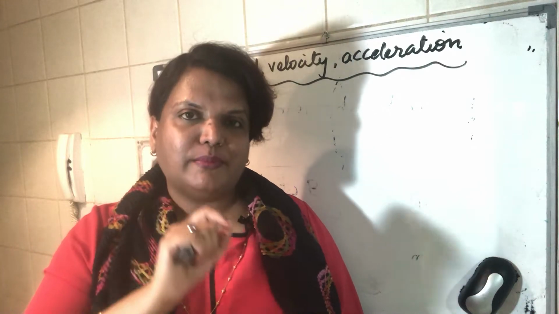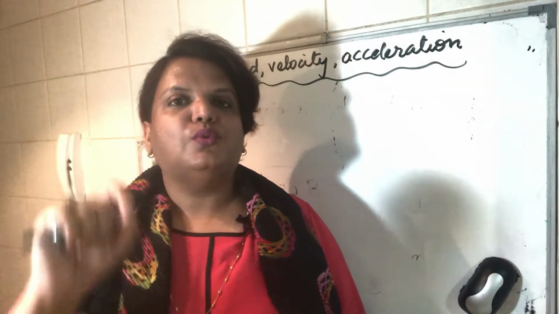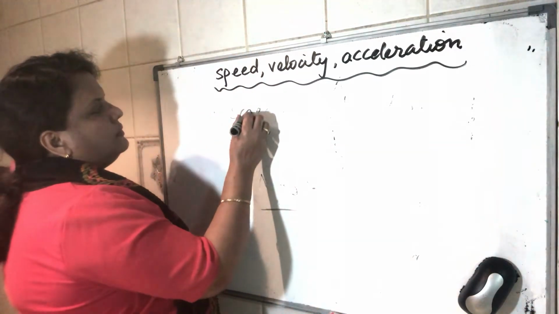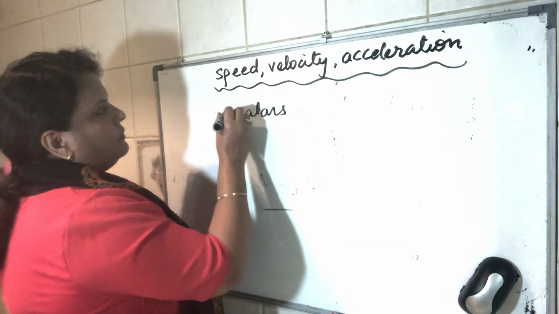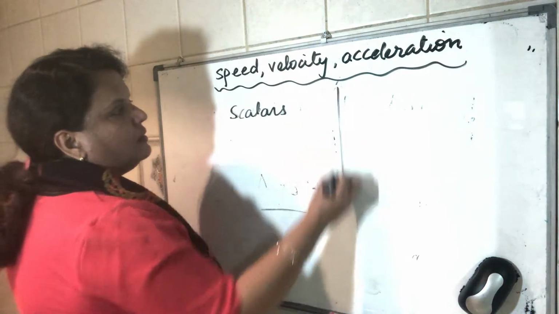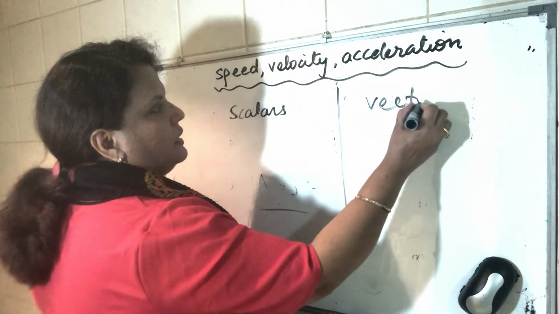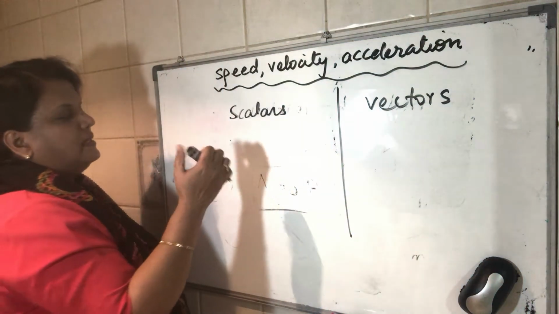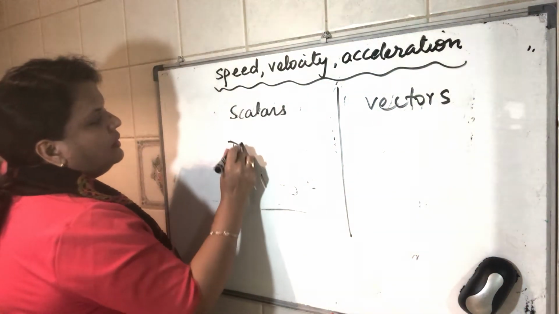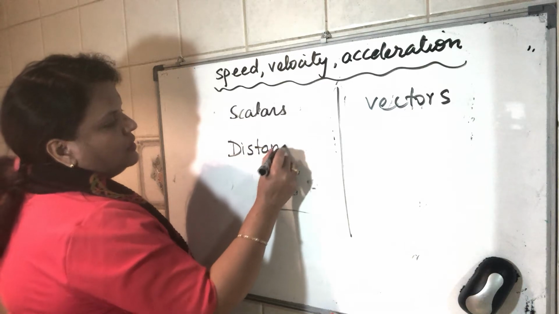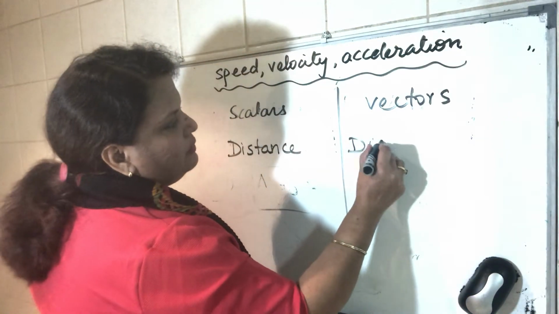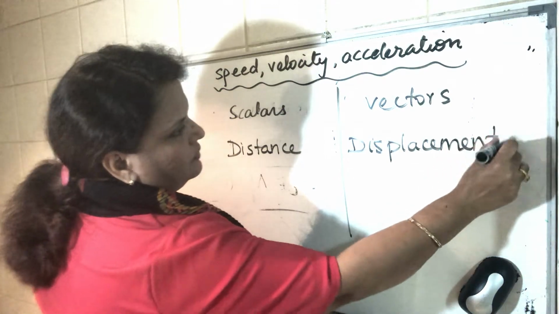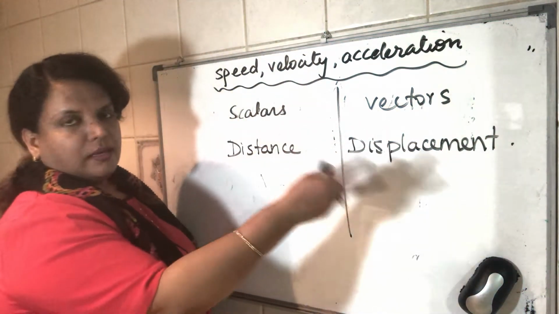The object is displaced from A to B. So, here if I write scalars, vectors, examples, the first easy example would be this: distance is a scalar quantity and displacement is a vector quantity. You can relate it to the example that I told you.